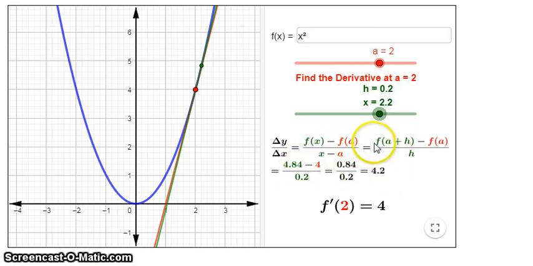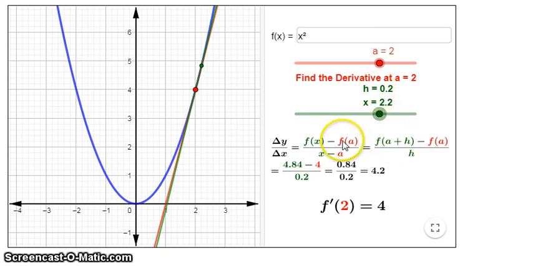We can do the same thing looking at this a little bit differently. These two things are really going to be the same. In other words, I'm just calling x a plus h. x is h units to the right of a, and so if I take a and add h units, I should get x.